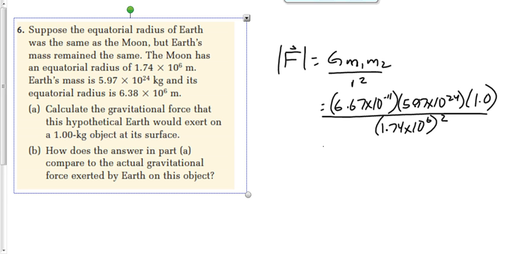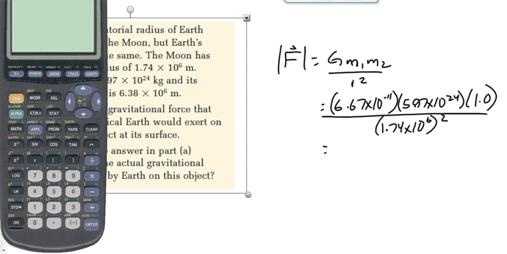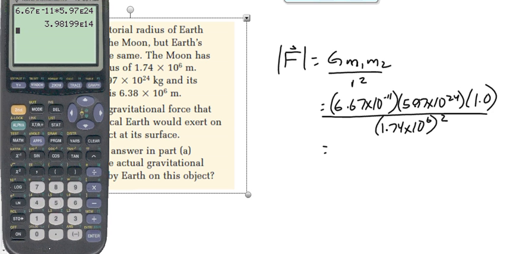And then we got to square that. Let's do that one together, all right? 6.67 times 10 to the minus 11 times 5.97 times 10 to the 24 times 1 divided by bracket 1.74 times 10 to the 6, and we got to square that.